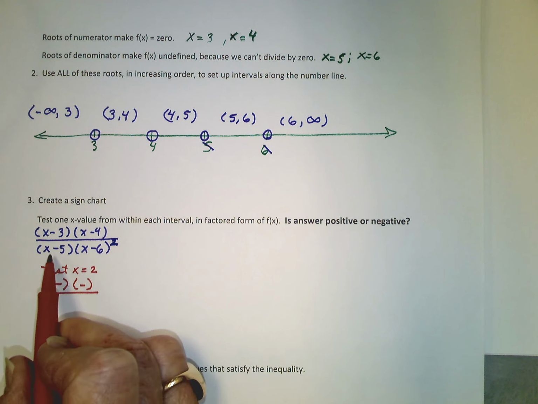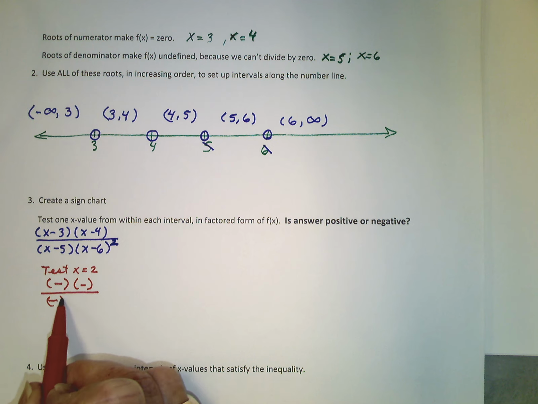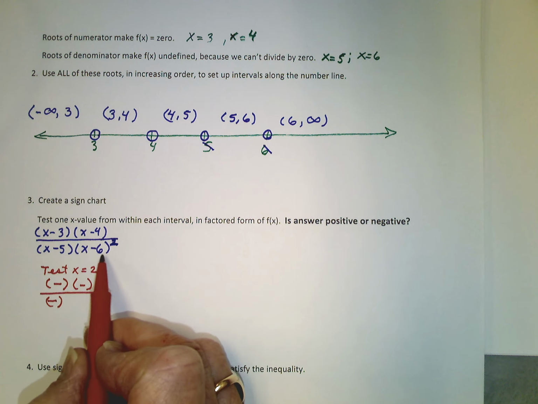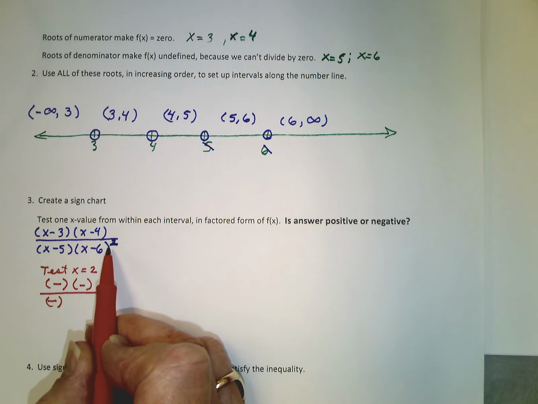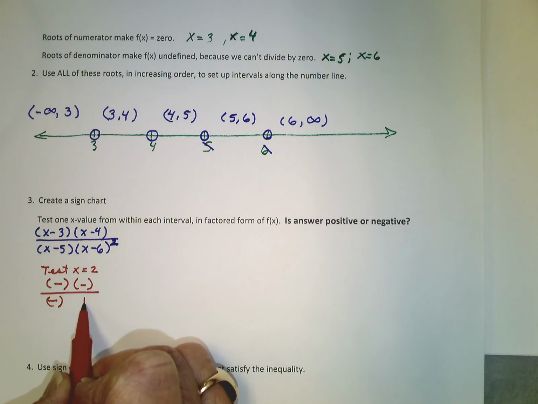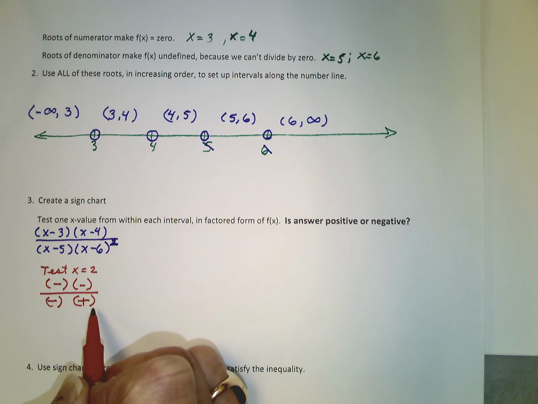On the bottom, 2 minus 5 is going to come out negative. 2 minus 6 is going to come out negative, but we're squaring it. So this piece is going to come out positive, because when you square a negative number, you get a positive answer.